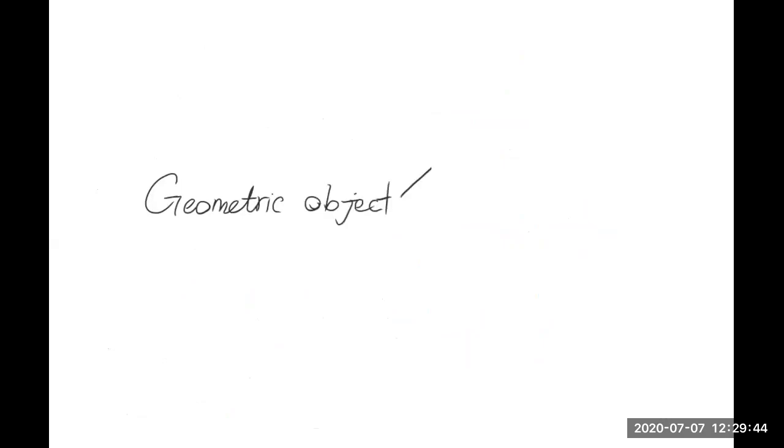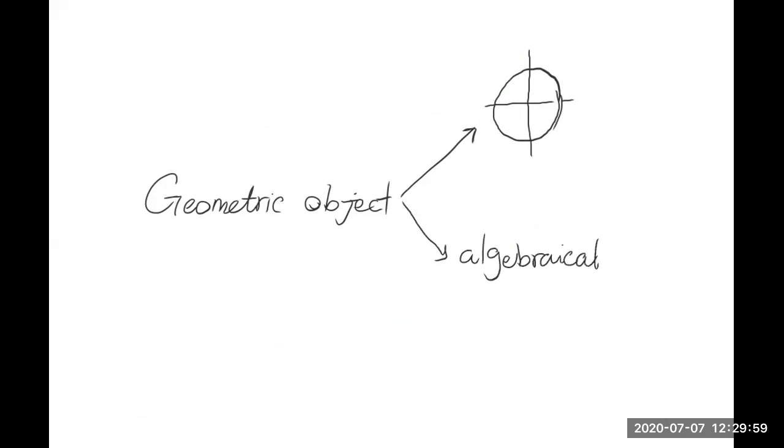you can either think about it intuitively, like a circle. Circle has a shape, we know how it looks. Or you can think about it algebraically, using equations. So you can think about a circle with center equal to the origin and radius 1, or you can say x squared plus y squared equals 1. They are exactly equivalent.